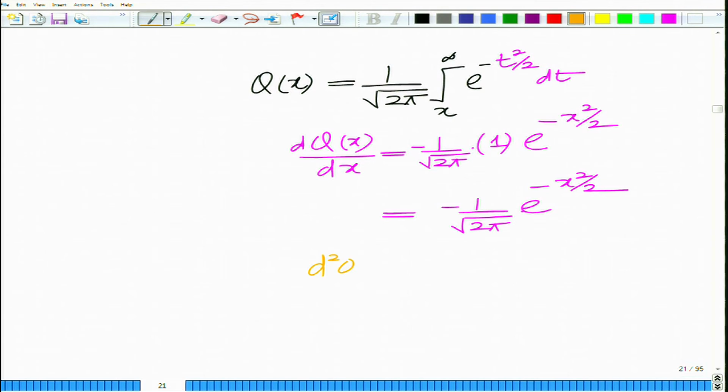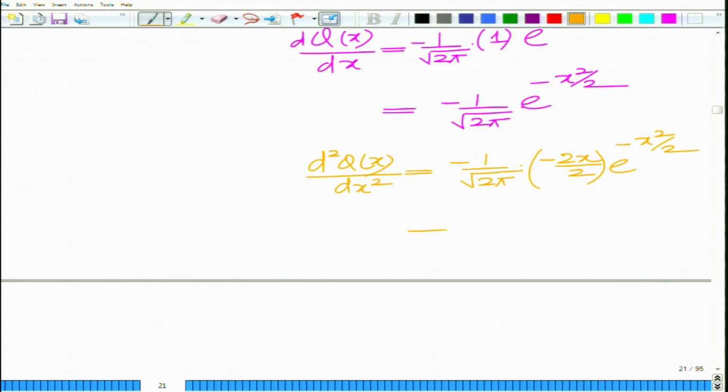Which means if you take the second derivative, d square Q(x) by dx square, that will be minus 1 over square root of 2 pi times minus 2x over 2 times e raised to minus x square over 2, which is equal to x over square root of 2 pi e raised to minus x square by 2.